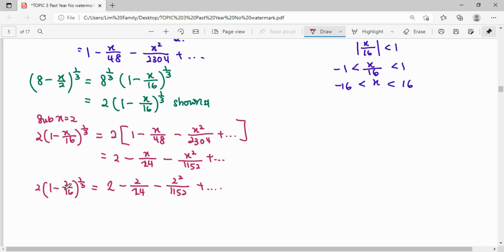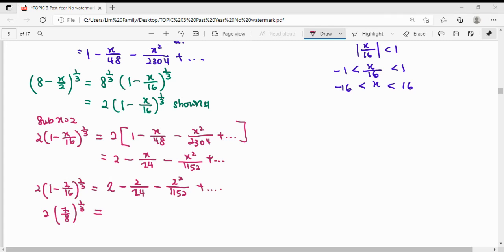And from here we have to get to the cube root of 7. So we have to do it step by step. This is 7 over 8. For the right hand side, we can press it in the calculator for more decimals.